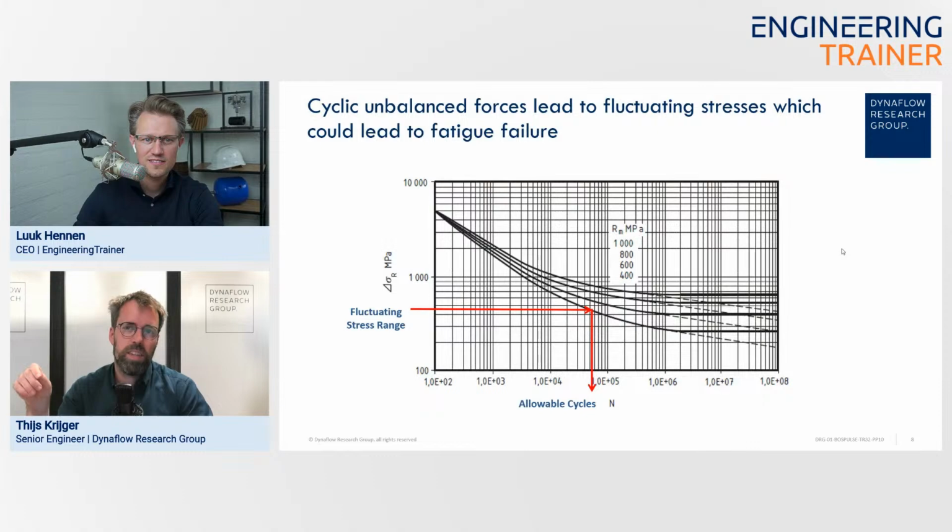If we're assessing fatigue damage, and we're looking at a compressor system, and if we're talking about cyclic stress in the order of 10 hertz, then you're going to reach around 1 million cycles within a day.